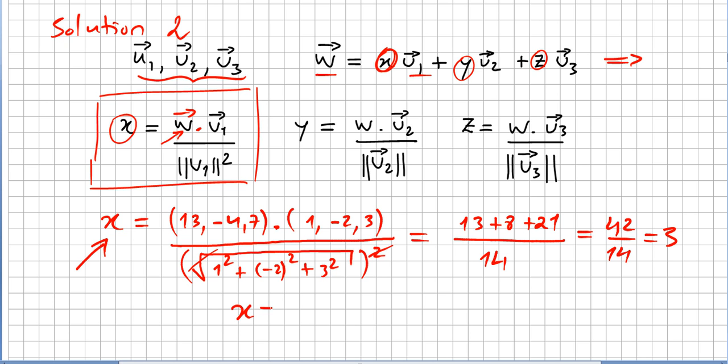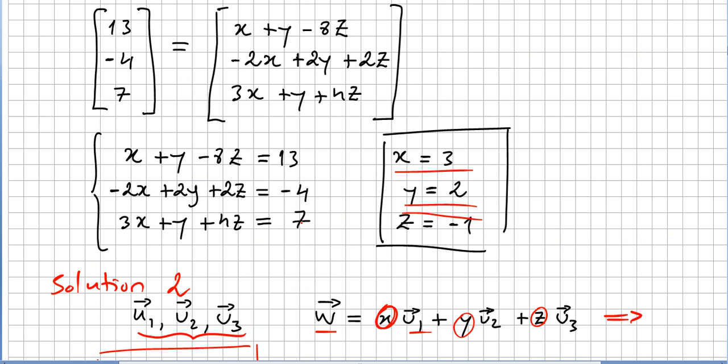So x equals 3. Much quicker, right? So please do that for the value of y and the value of z. This is a much quicker algorithm. And check if you get the previous values: 3 for x, 2 for y, and -1 for z.